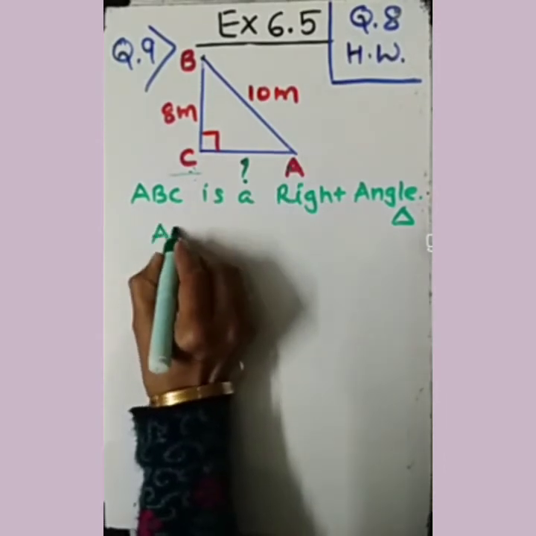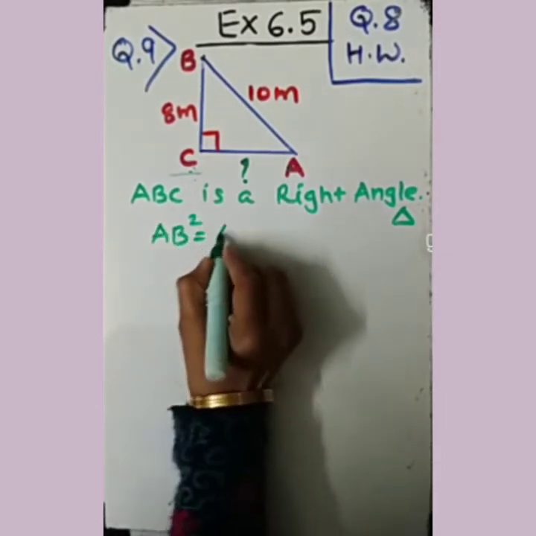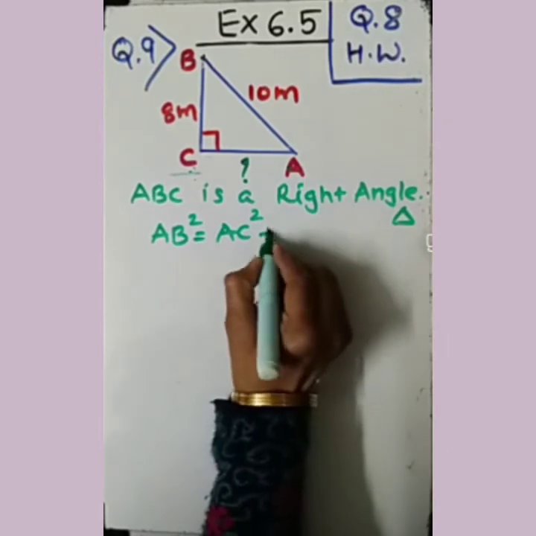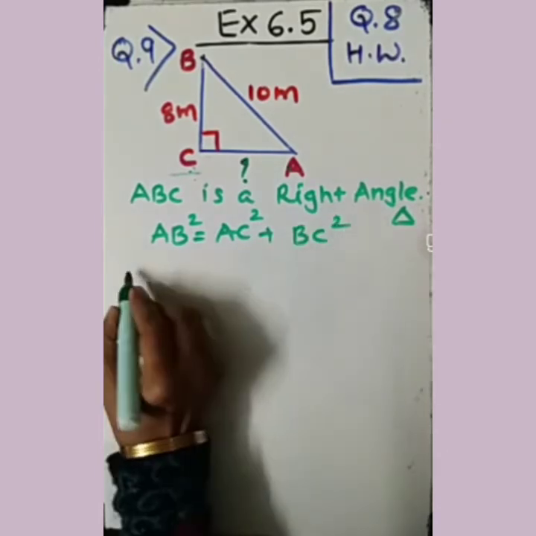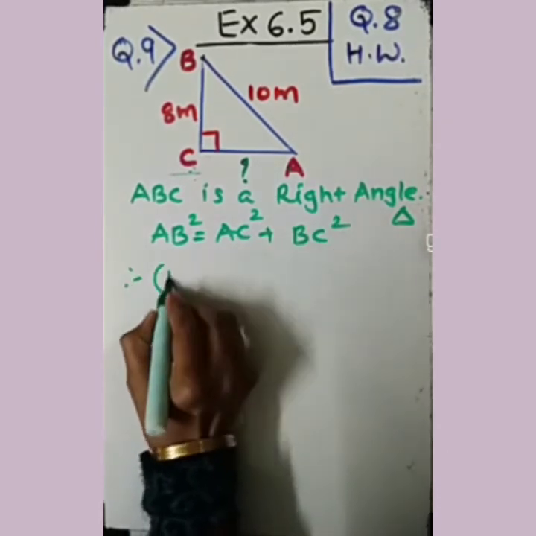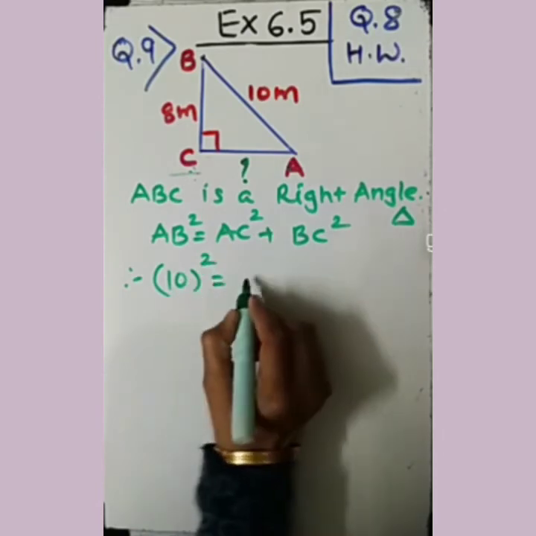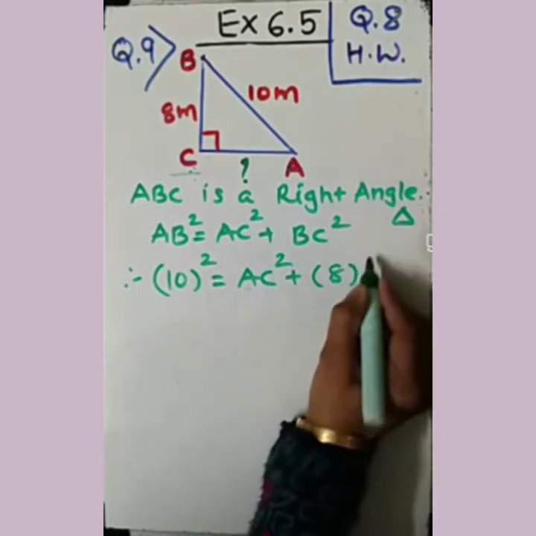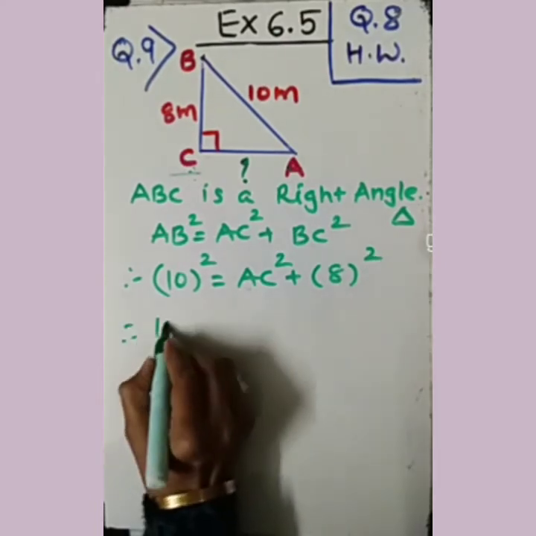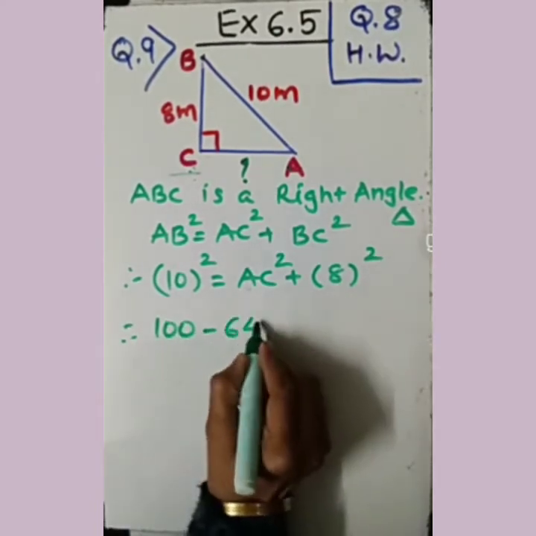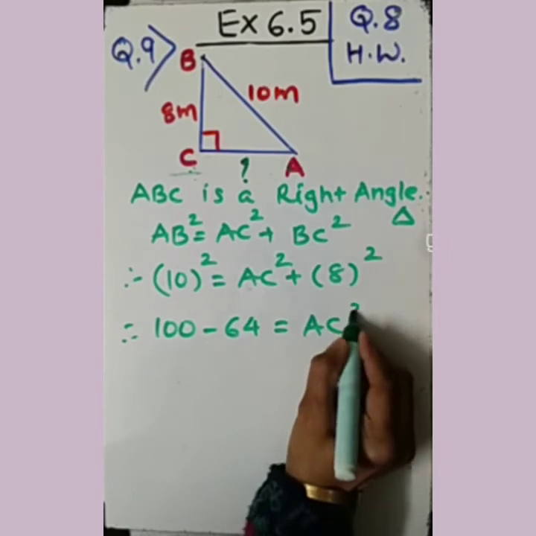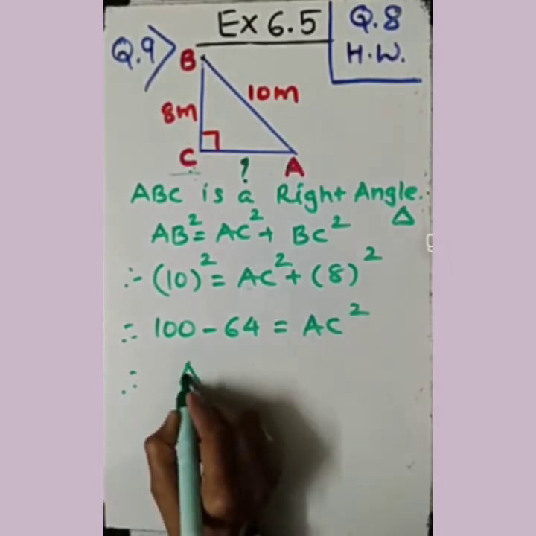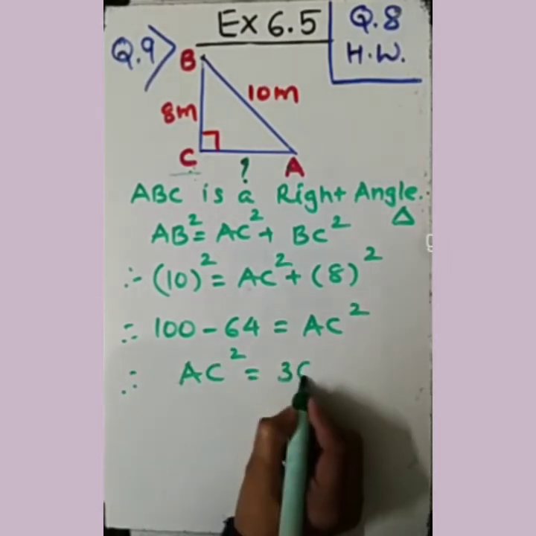So AB square will be equal to AC square plus BC square. Let me put the value of AB, 10 square. AC square we do not know, but the value of BC is 8 square. 100 minus 64 is equal to AC square. Therefore, AC square equal to 36.